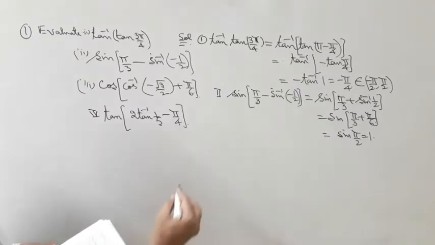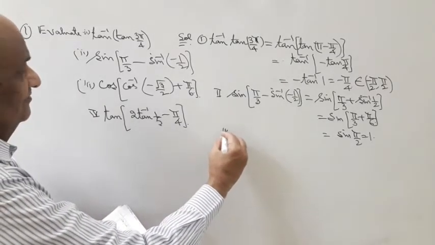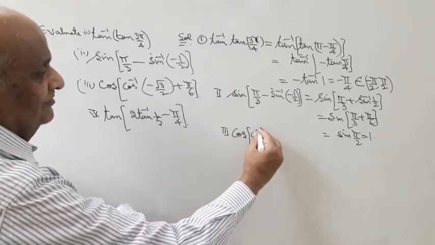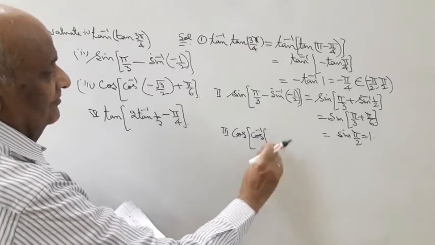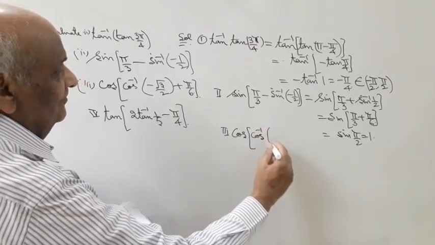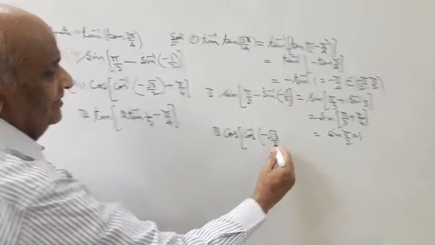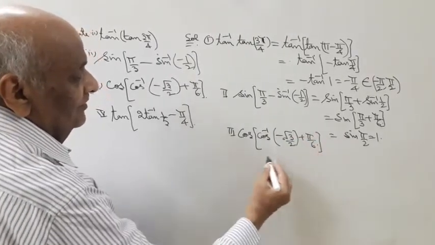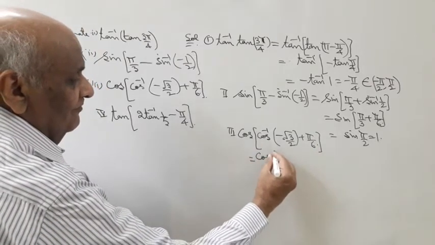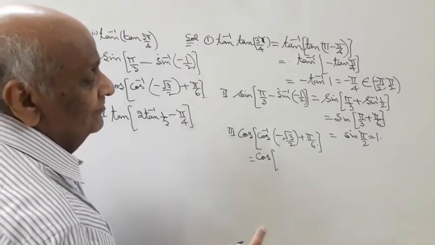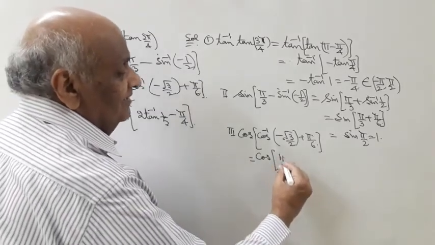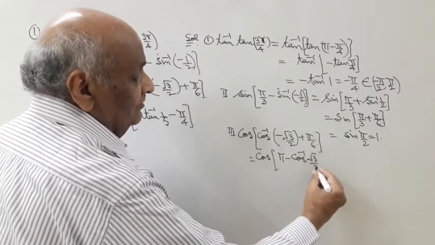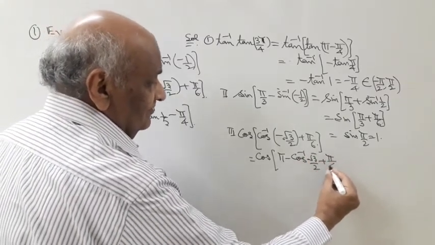Third case, in the same way, cos inverse of minus under root of 3 by 2 plus pi by 6. See, cos inverse of minus theta is pi minus cos inverse of theta. So it is pi minus cos inverse of under root of 3 by 2 plus pi by 6.